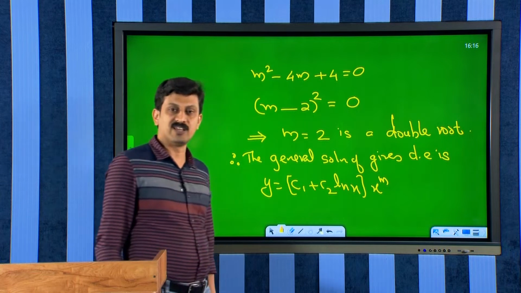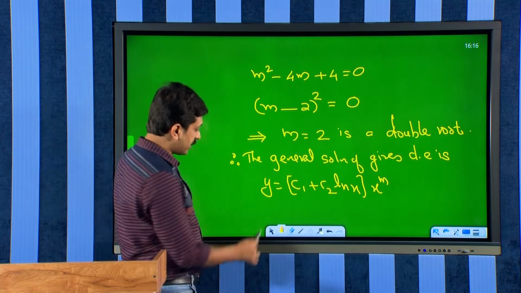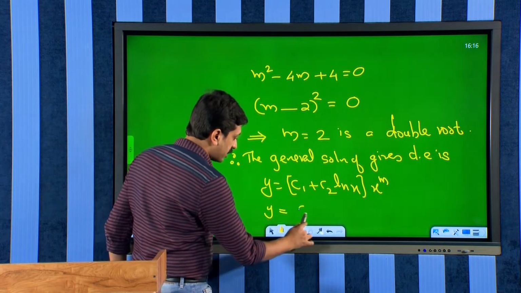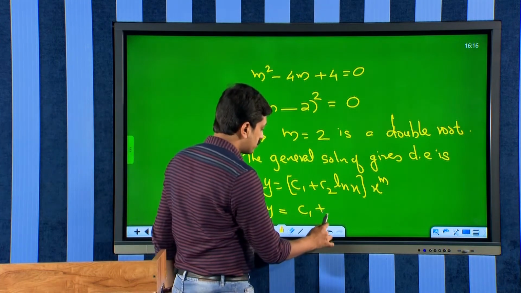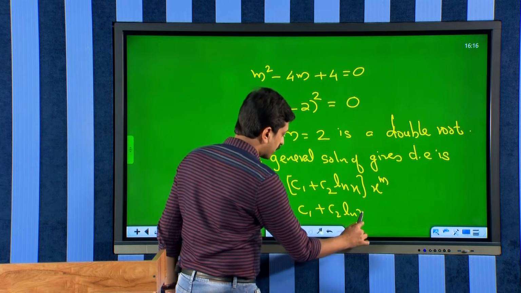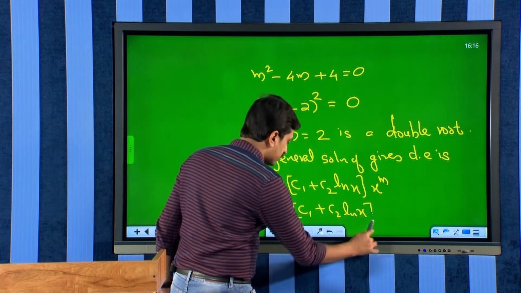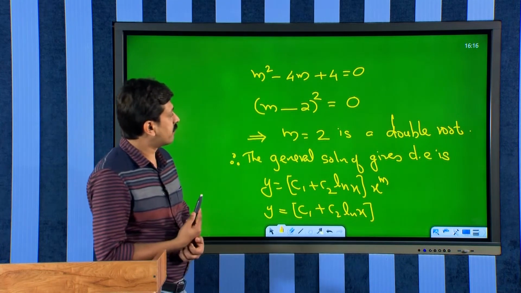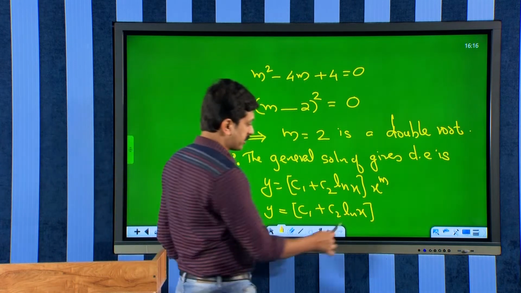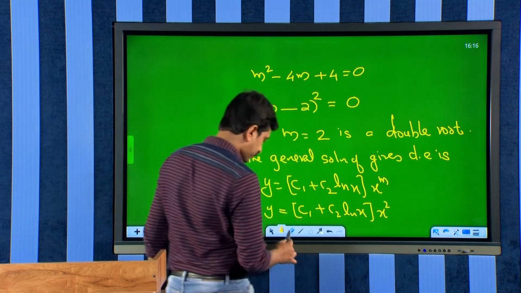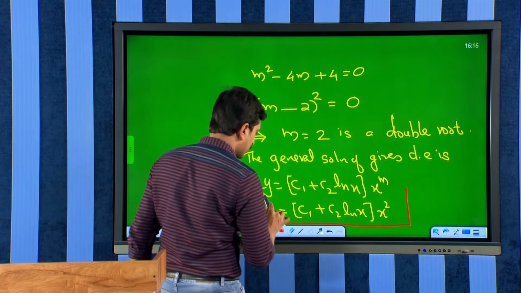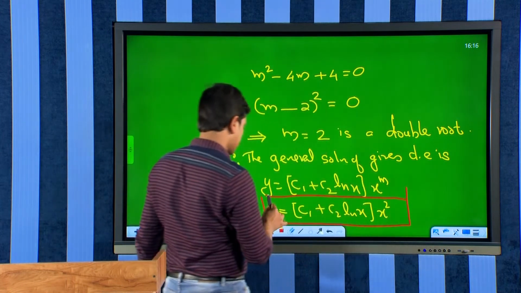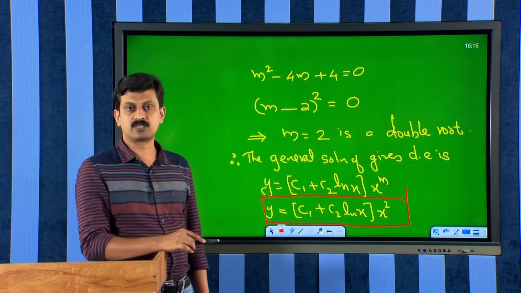With the value of m equal to 2, that is y equals (c1 plus c2 log x) x square. This is the general solution of the given Euler-Cauchy differential equation.